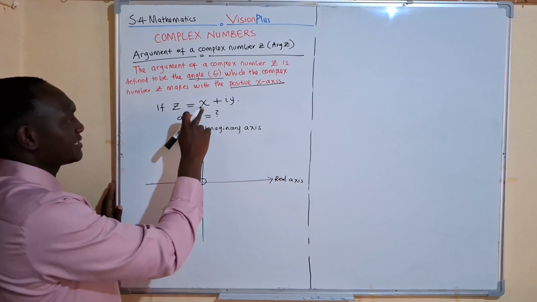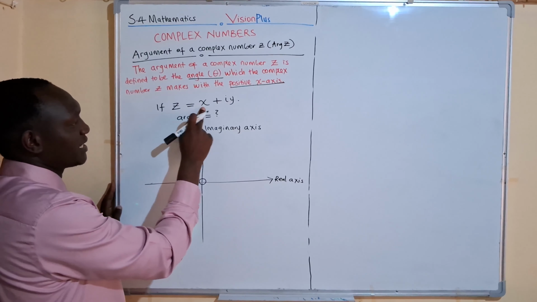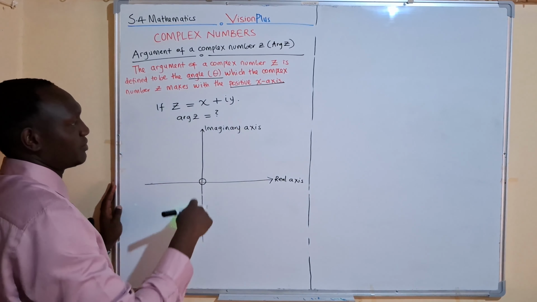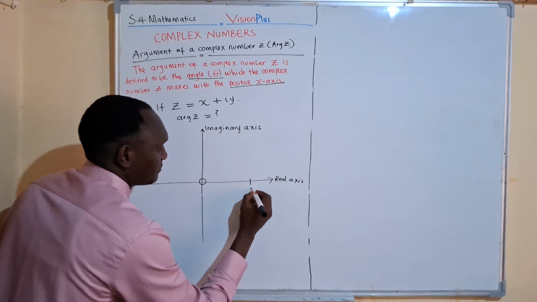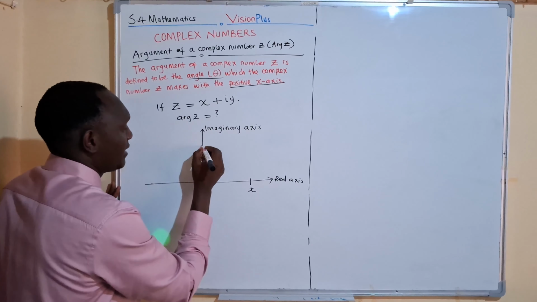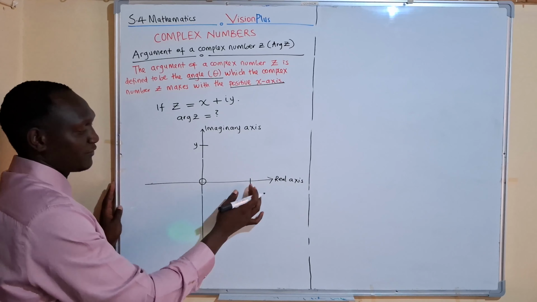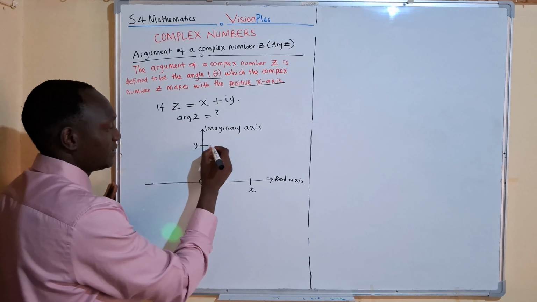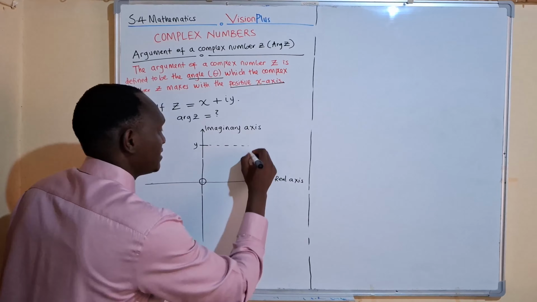Now, x is the real part because it does not contain i, but y is on the imaginary axis because it contains i. Assuming my x is somewhere here and my y is somewhere here, let us look for the point of intersection of x and y, horizontally straight and vertically straight.